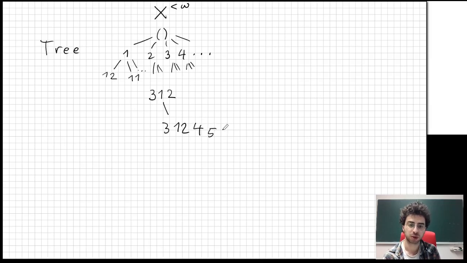Or if this was much longer, then anything that is the prefix, if one word is the prefix of another, then that word is going to be above the longer word in the tree. So this is a very natural way that you can order any set, except that this, of course, is a poset. It's a partial order. Not any two elements are comparable. 1 and 2, for instance, are not comparable.